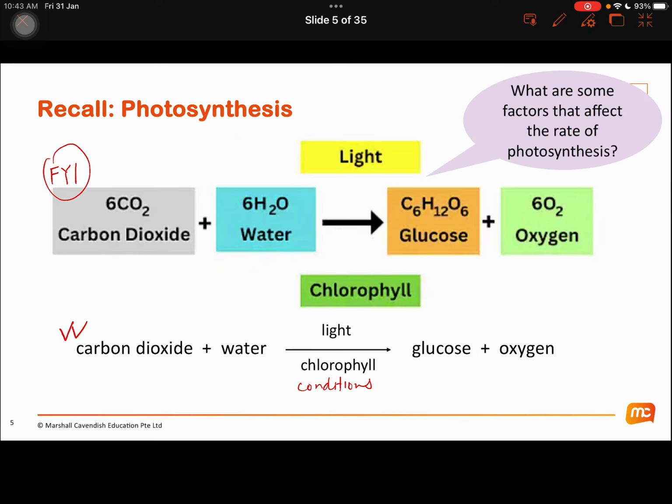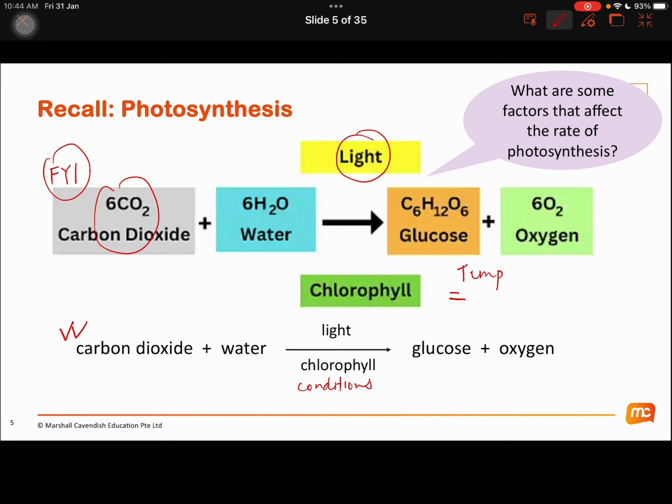So as we look at this equation, we want to see how, when carbon dioxide increases, it will affect the rate of photosynthesis. I know temperature is not in the equation, but why is temperature such an important factor?